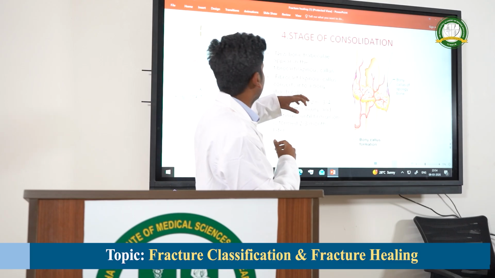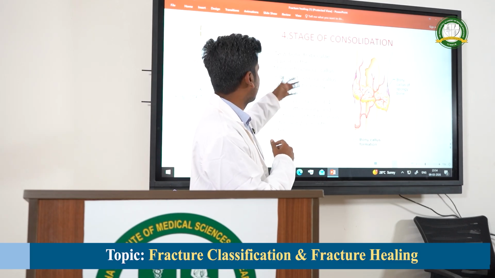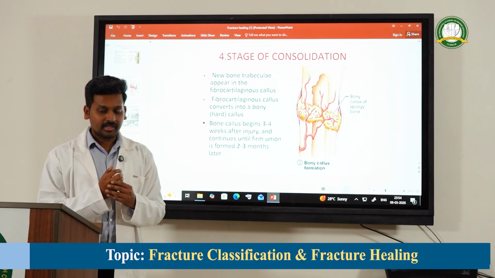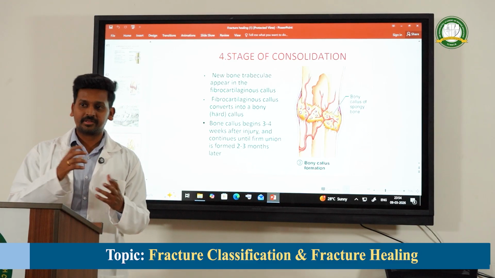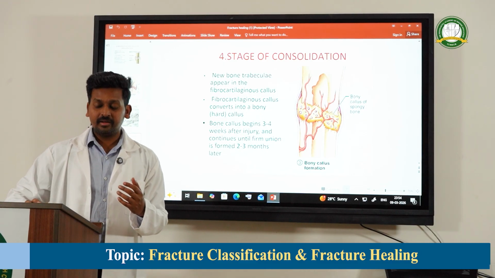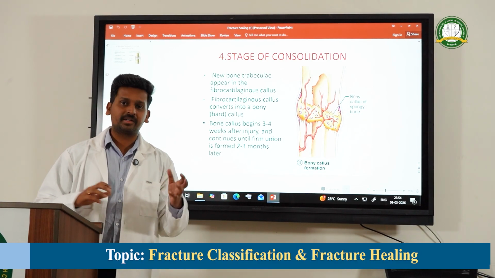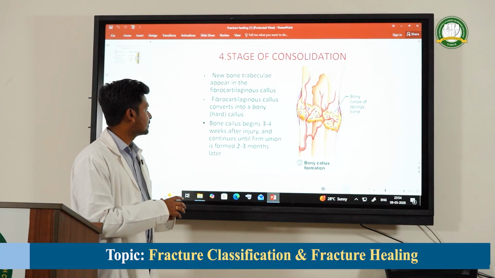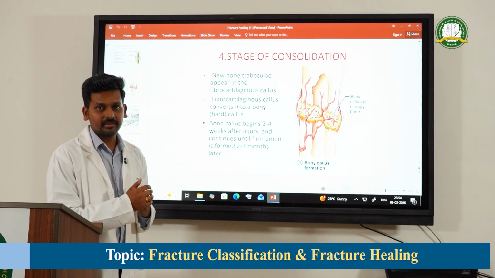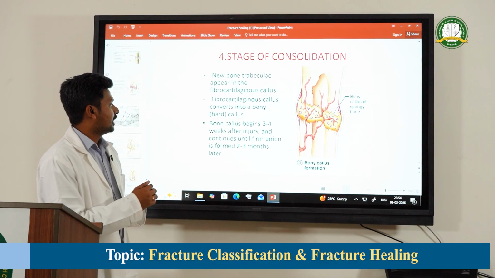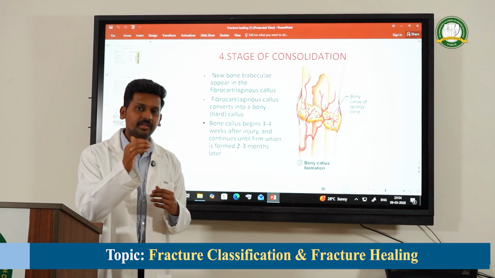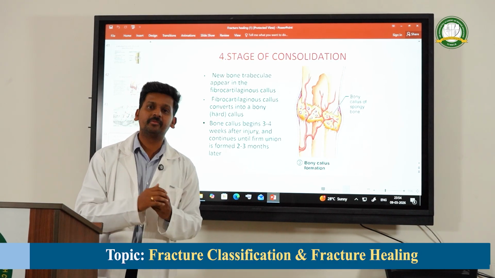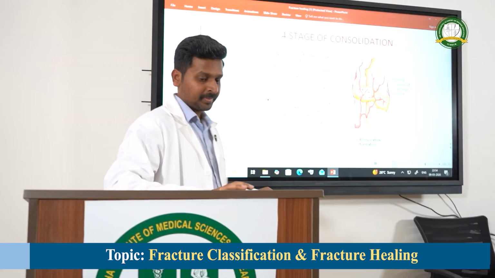So new bone trabeculae appear in the fibrocartilaginous callus. The fibrocartilaginous callus is soft, so it is then converted into the hard callus. This usually begins by the 3rd to 4th week, and continues until the complete union is formed within 2 to 3 months.